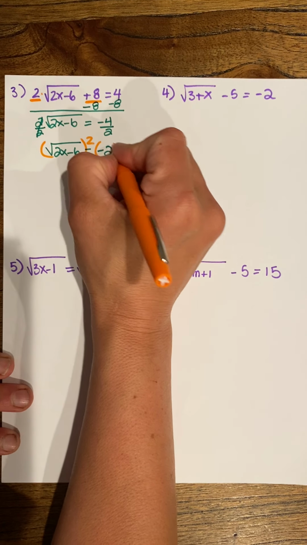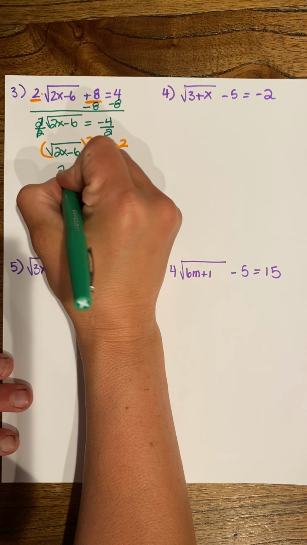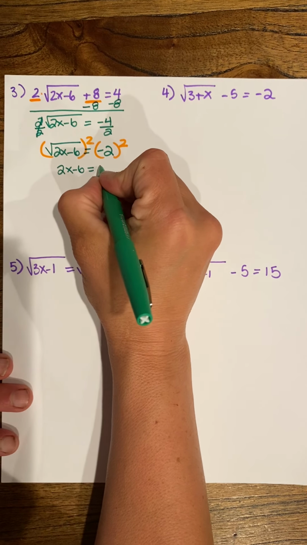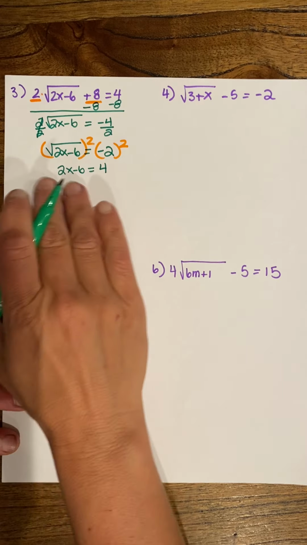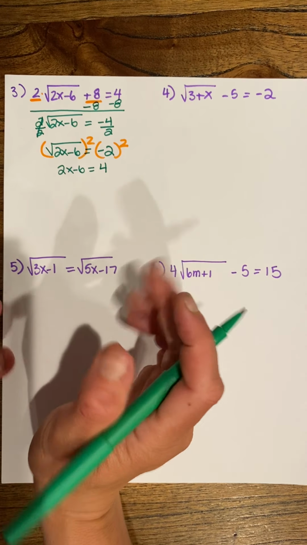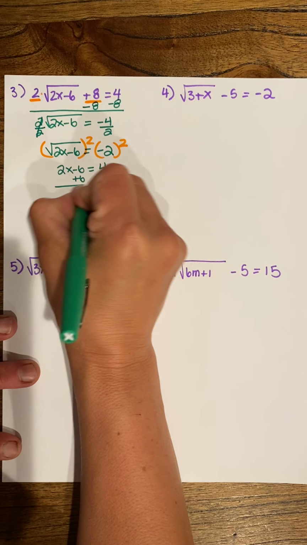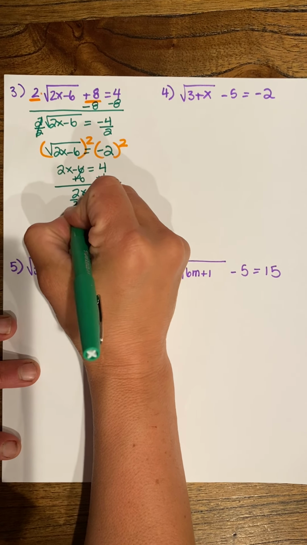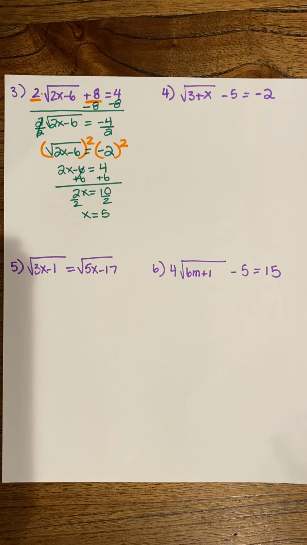Now I'm going to go to squaring both sides so that this side is just 2x minus 6. This side, again, you could type it into your calculator, but negative 2 squared is 4. Then I'm left with just a nice little equation I can solve, which I'm going to solve by adding 6, dividing by 2, and I get 5, okay?